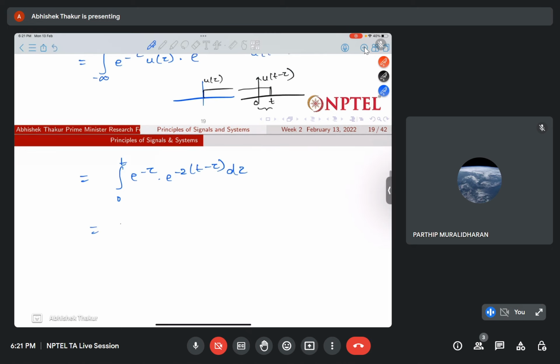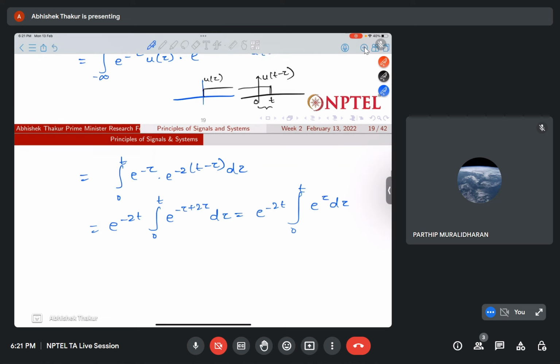After that, the integration is with respect to tau, so the terms with respect to t will come out. So e to the power minus 2t, integral from 0 to t of e to the power (minus tau plus 2 tau) d tau, that is equal to e to the power minus 2t integral from 0 to t of e to the power tau d tau.